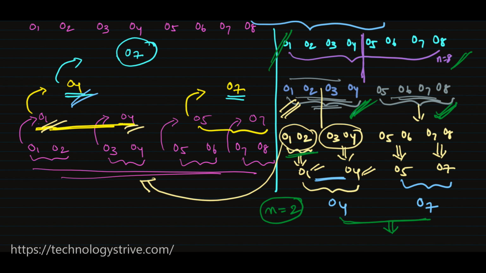Until n equal to 2, we further divided the given problem into multiple subproblems. Everything up to here is called the divide step. And once we found the answers, we started combining them. So this is called the combining step.